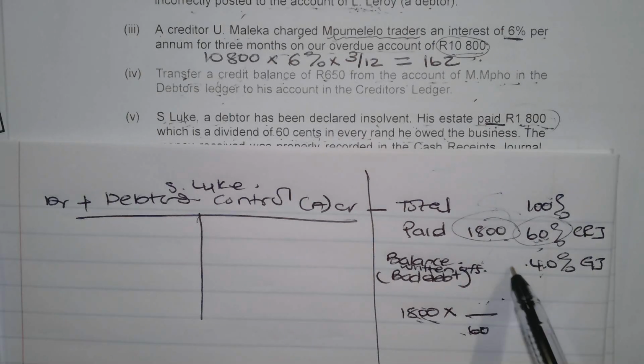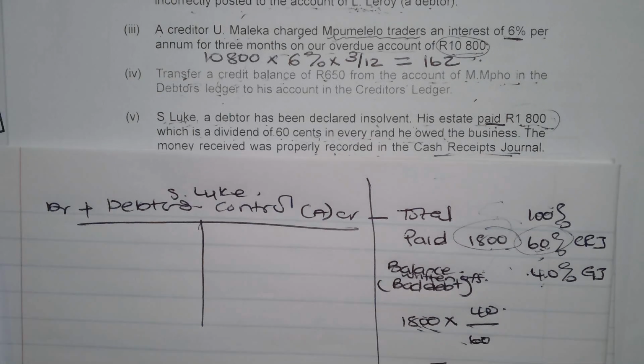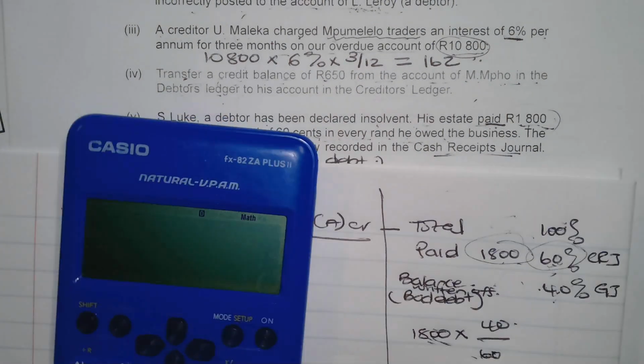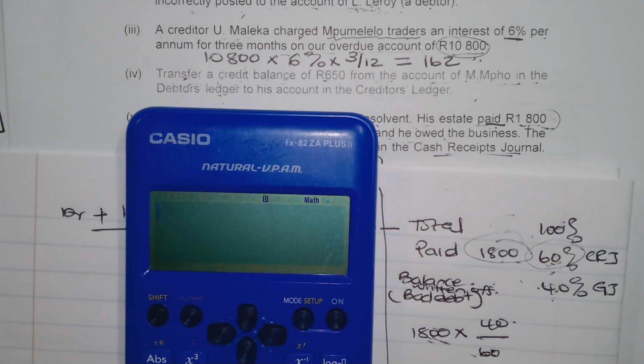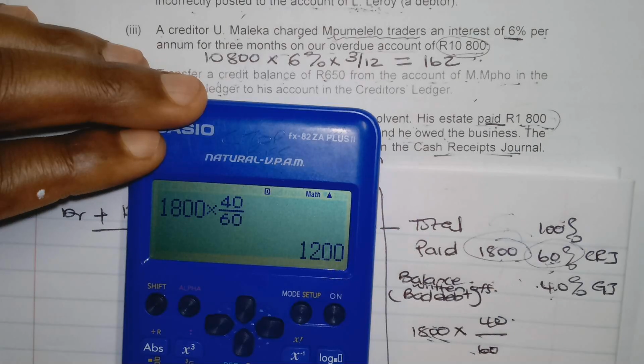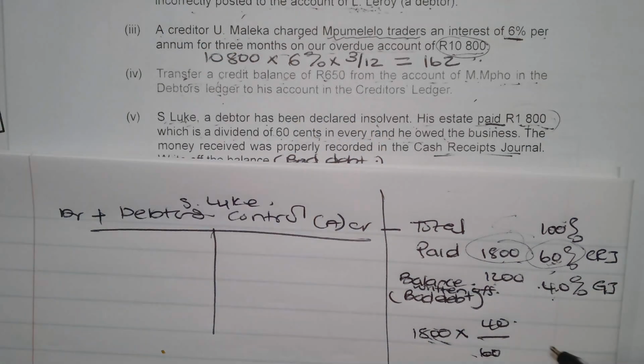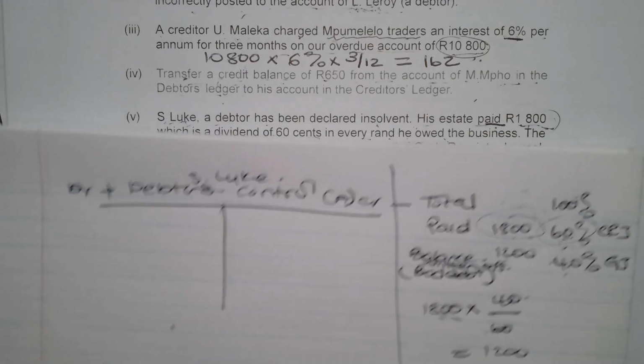The unknown percentage is the 40. Then we'll find out what is supposed to be on our bad debts. So 1,800 multiplied by 40 divided by 60, we find that it is 1,200. So our bad debts, the amount that is written off, is 1,200.